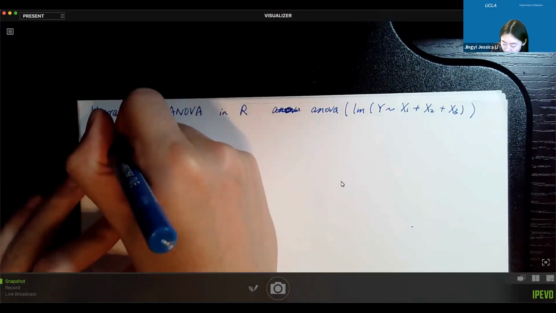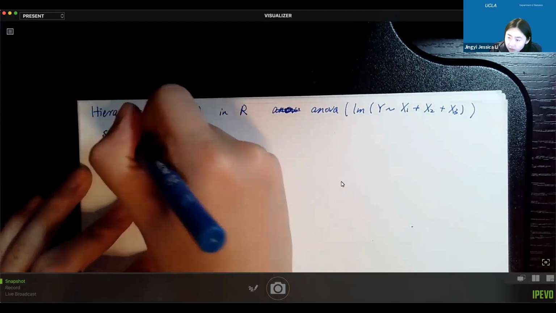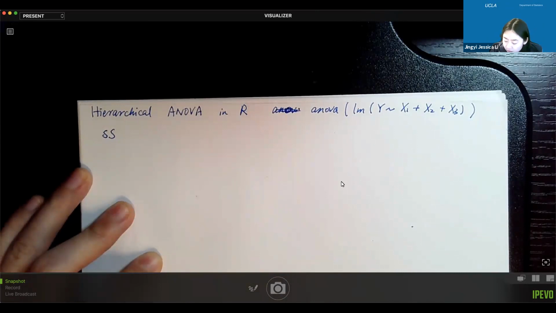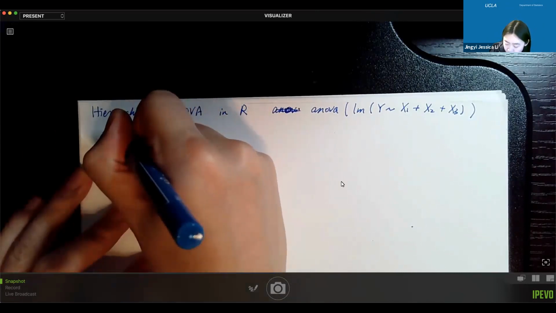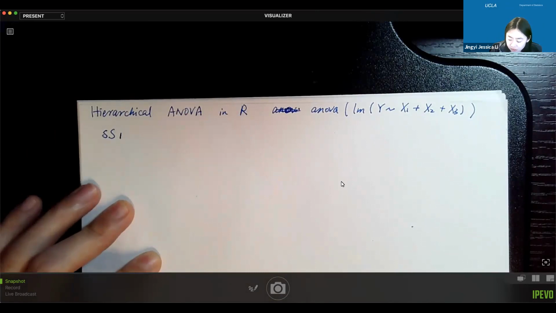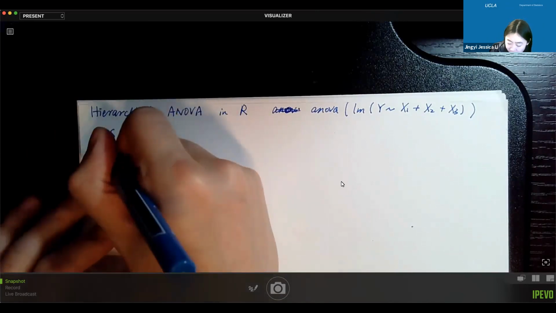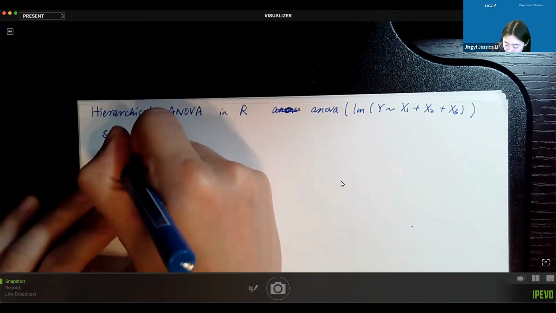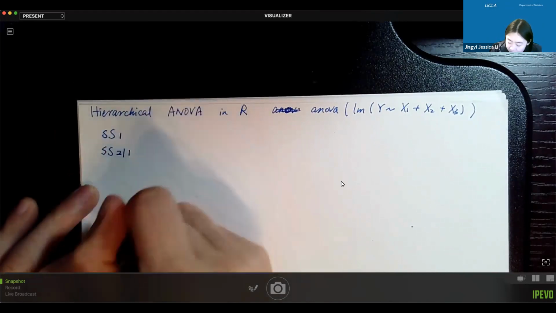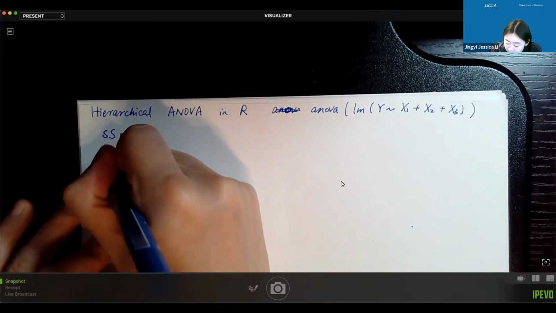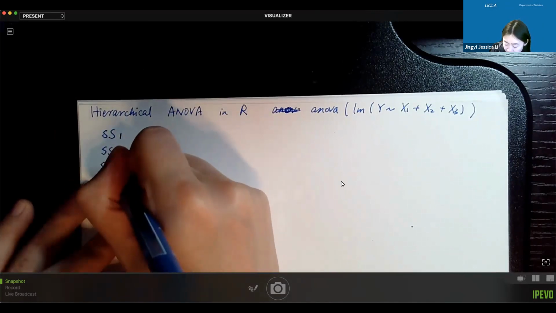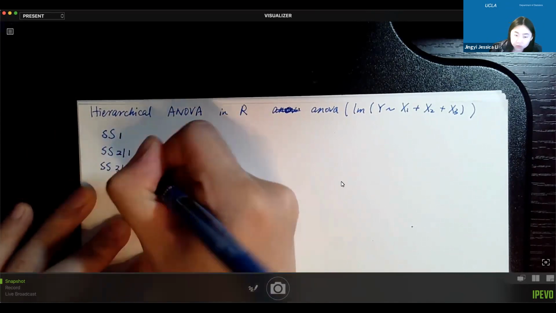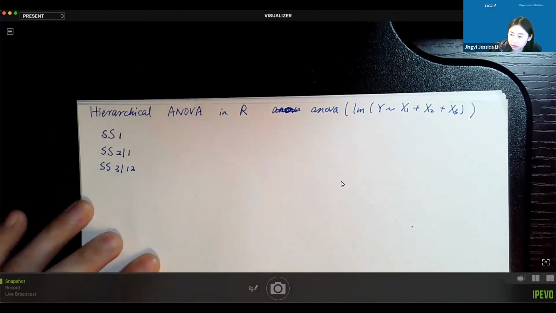The first row will correspond to the sum of squares with x1 as the only predictor. And then we will have the sum of squares of 2 given 1, and also the sum of squares of 3 given 1 and 2. So you will have that hierarchical sequence.